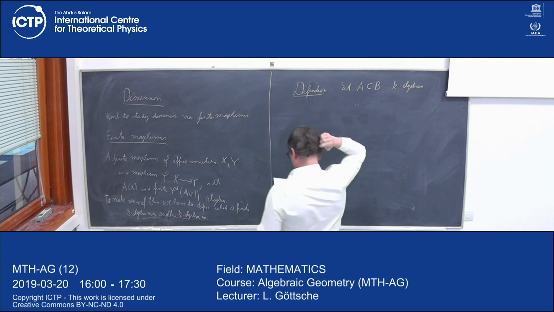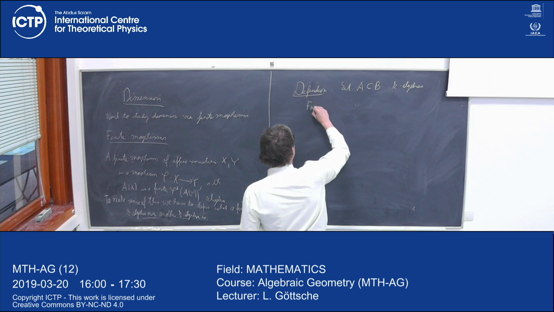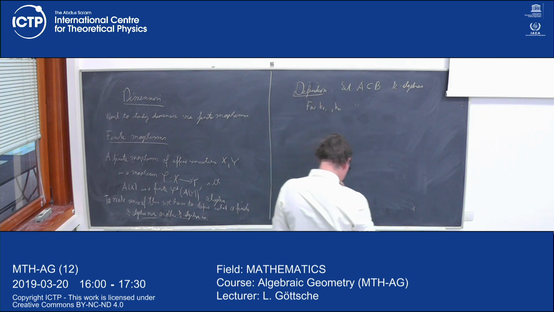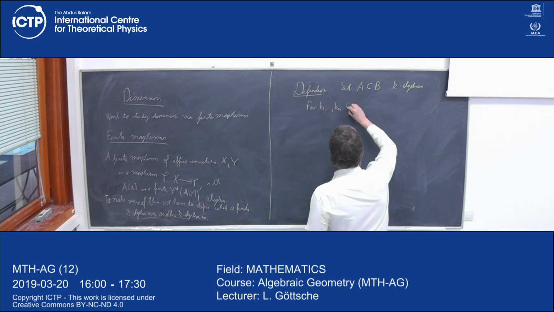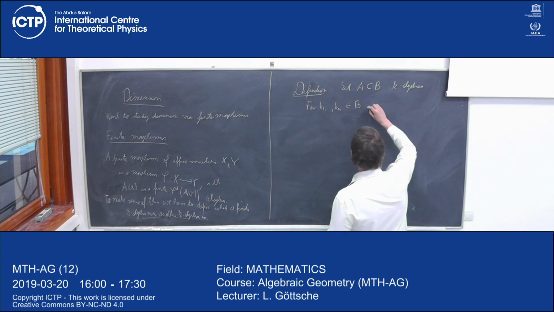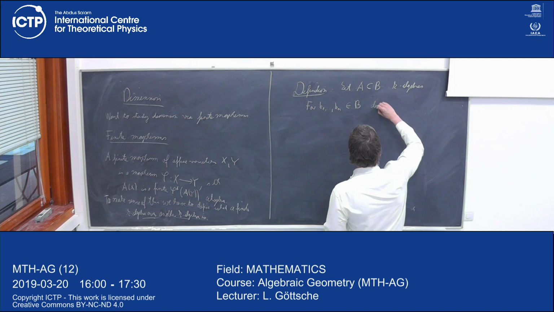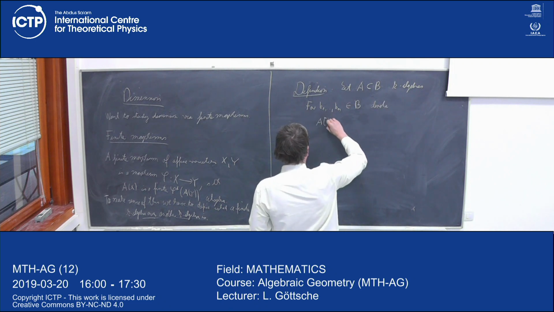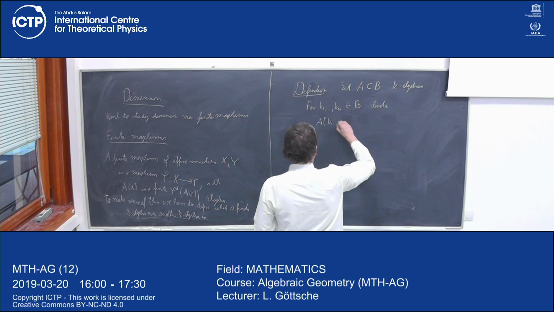Okay. So for B1 to Bn, some elements in the bigger algebra, we denote, so I call this A of B1 to Bn.